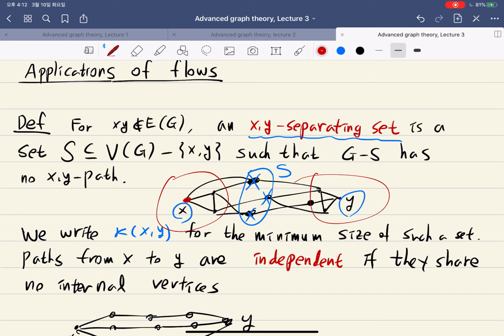So starting from x, there is no way that you can get to y without using the vertices in S. In this case, we call S an xy separating set.